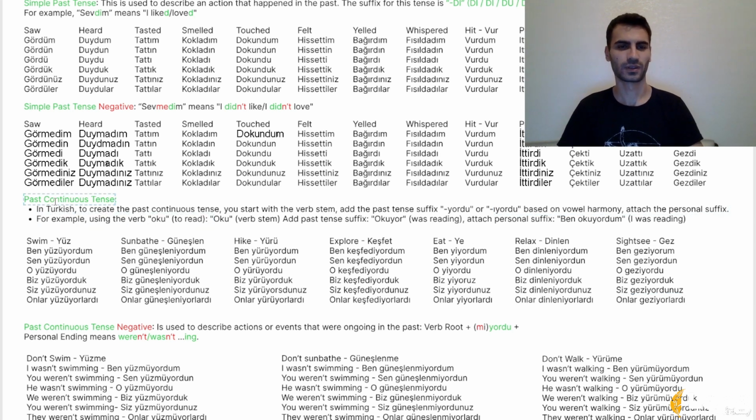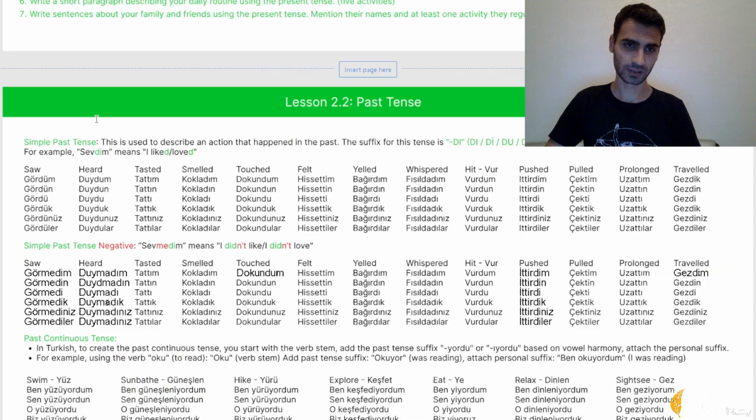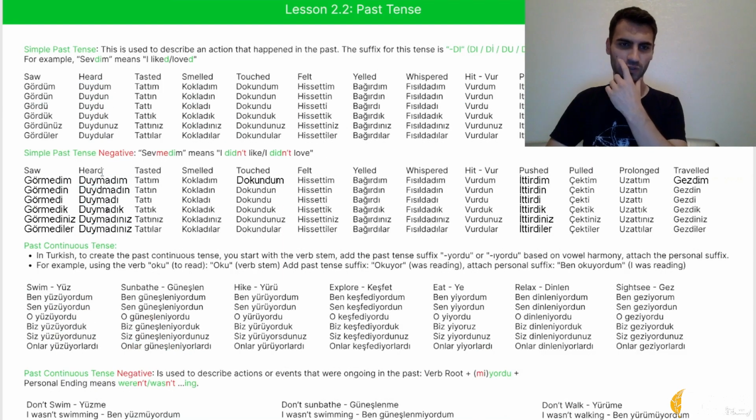And past continuous tense. It is very similar to the present continuous tense, what we learned, which rules them all in the present. In the past, this doesn't rule them because there is simple past tense also affecting the situation.